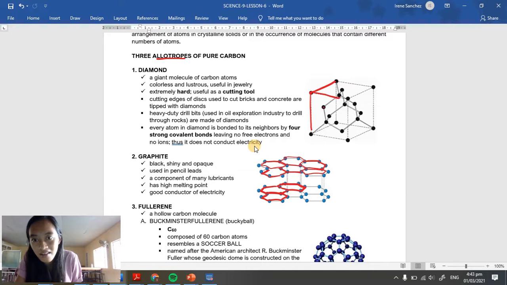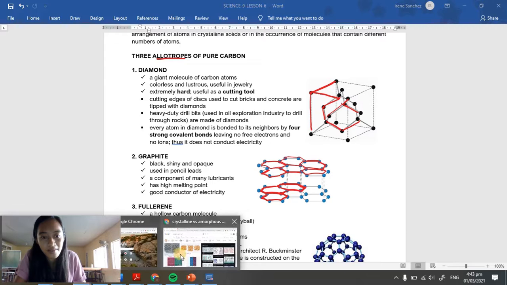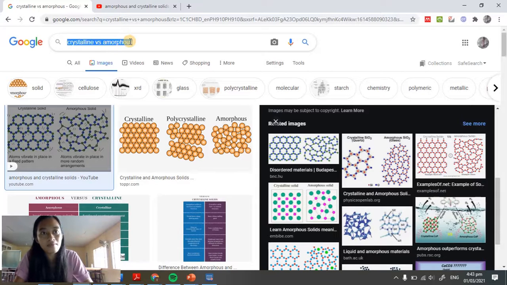Okay, here. They look like they are banded. Just like that. Let's search for others. Structure of diamond.